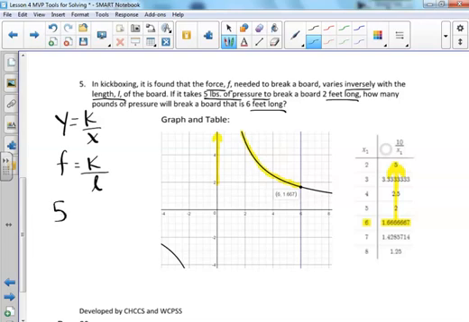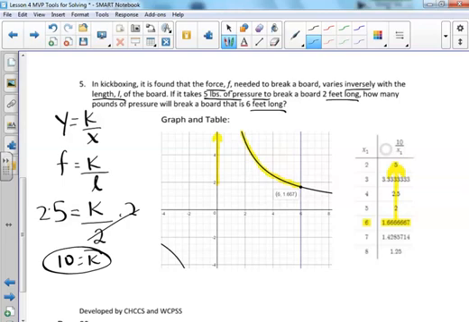For 5 pounds of pressure, we are told it will break a 2-foot-long board. Therefore, our length is 2, and we need to solve for k. So we'll multiply both sides by 2, and our constant of variation is 10.